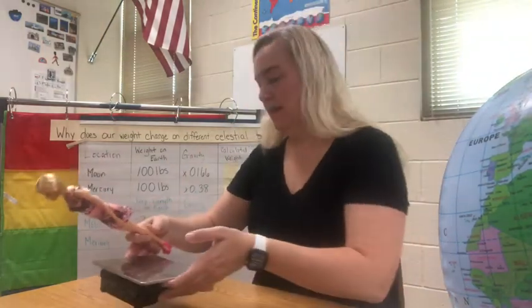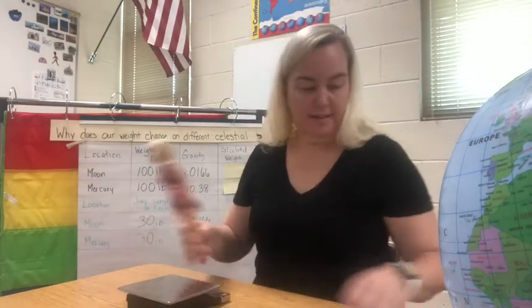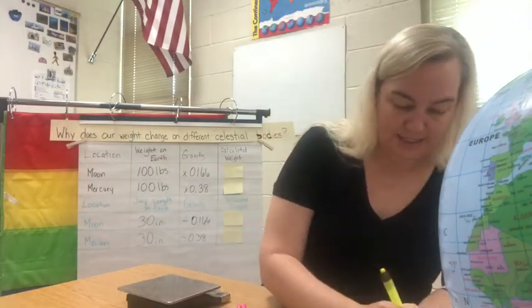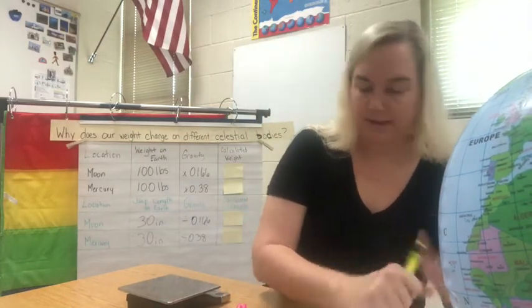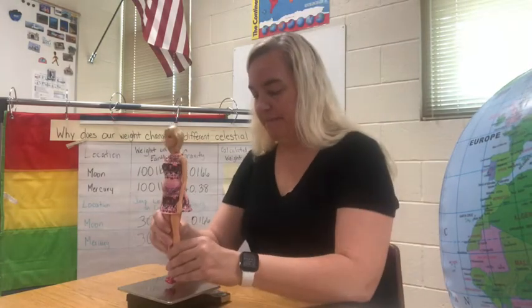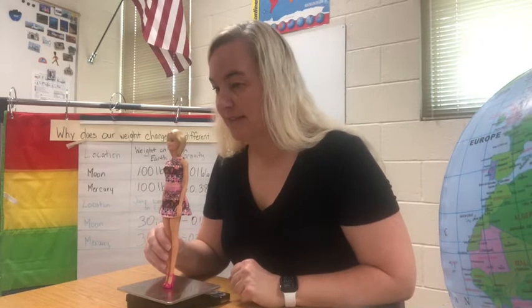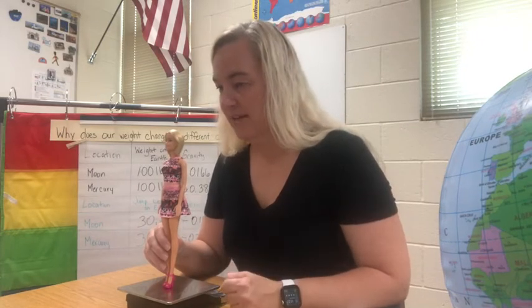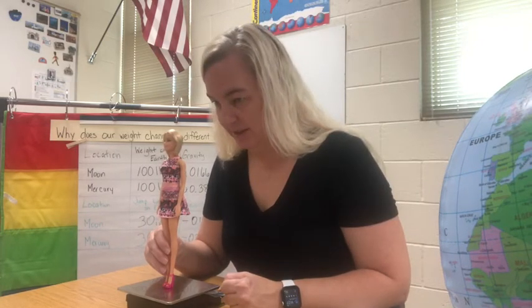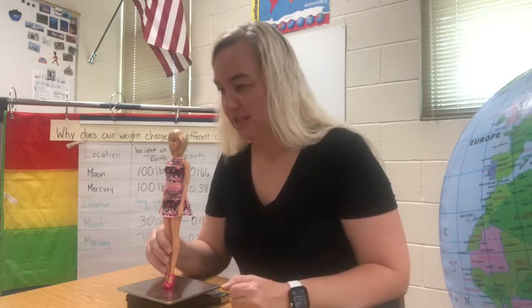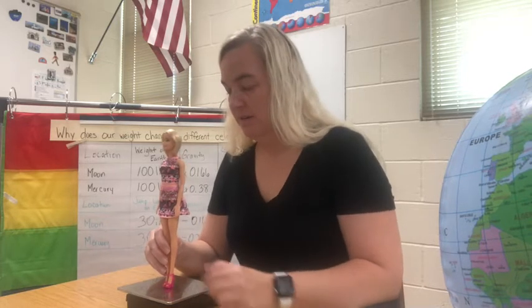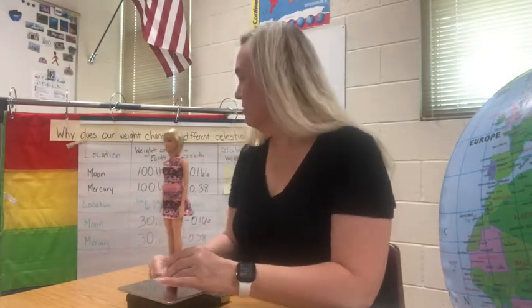So, I have my scale, and on my scale, I'm going to put Barbie. So, I'm weighing Barbie, and she weighs, we're going to pretend, 100 pounds. If she were a regular person, Barbie would weigh, we'll say, 100 pounds.